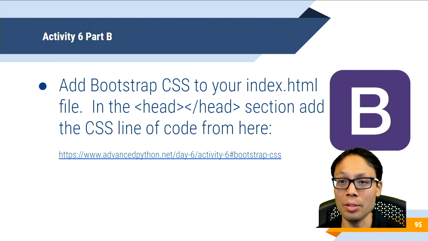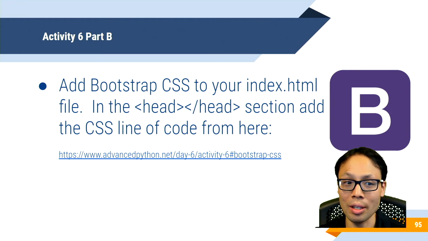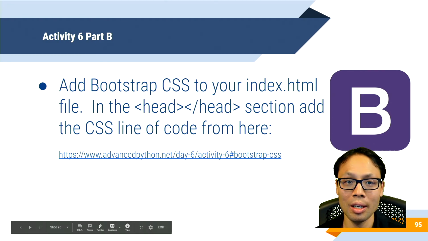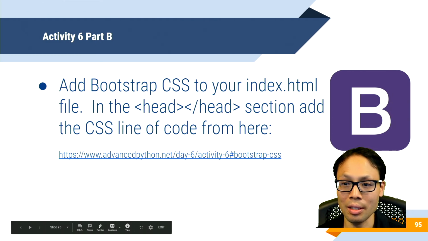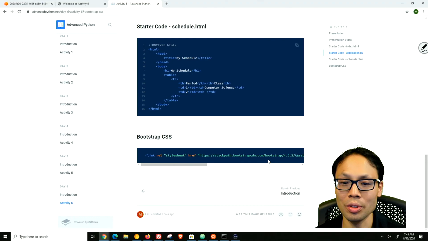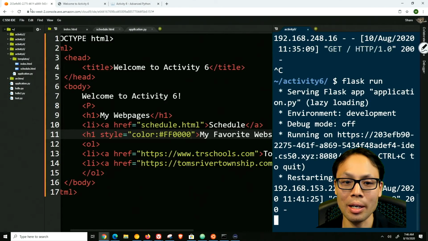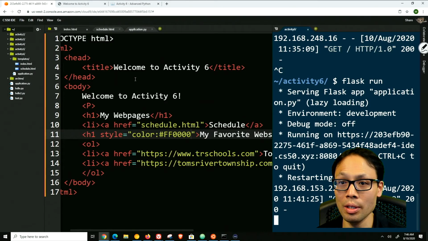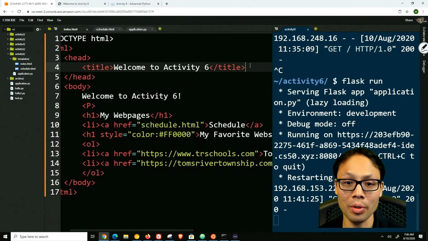It's actually quite easy. So again, this is an example of an external style sheet. And so let's go over to our advancedpython.net website with that link over there. So just go down here and copy that code. So we copy that code, and then we'll go back into our index.html file, which is the file we're going to edit here.